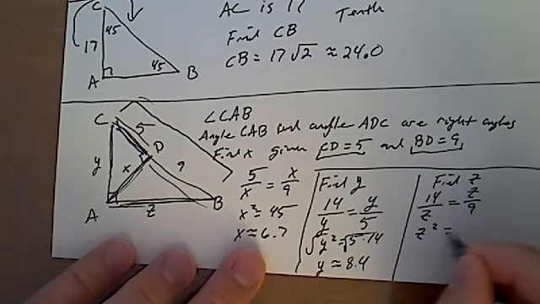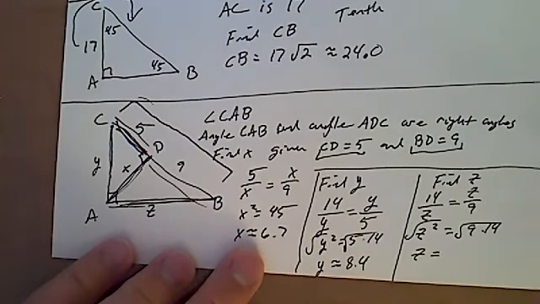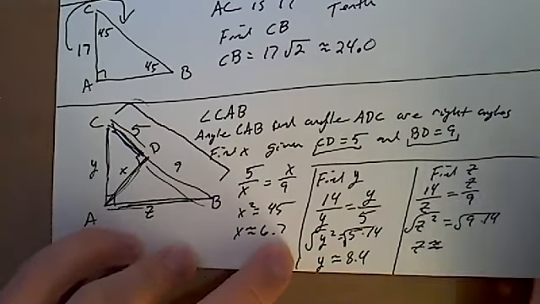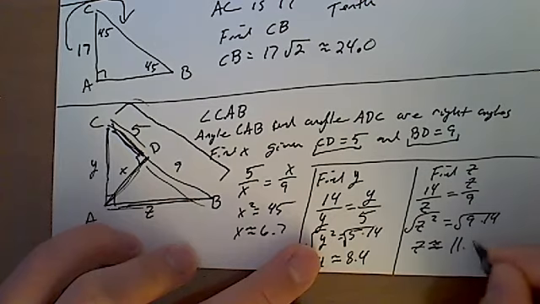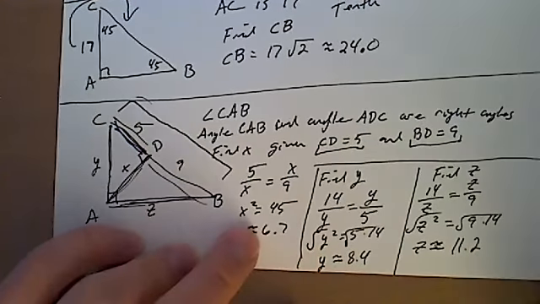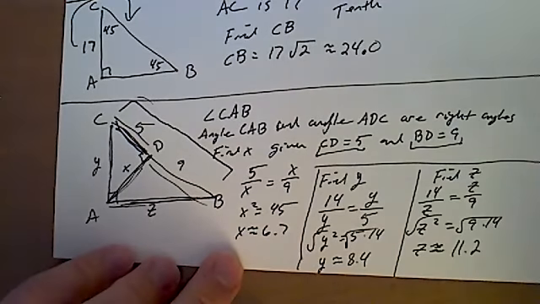So we get Z squared equals 9 times 14. Square root of both sides, and we get about 11.2. It's 11.22. Since 2 is smaller than 5, we leave it and we get 11.2.